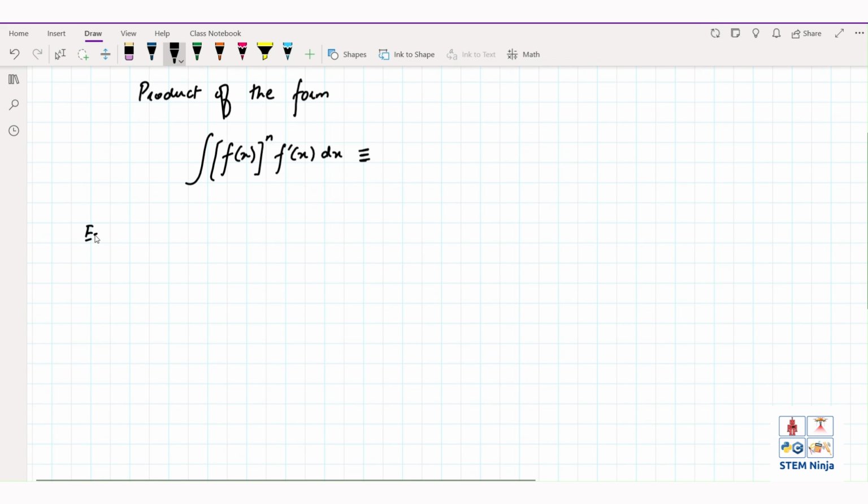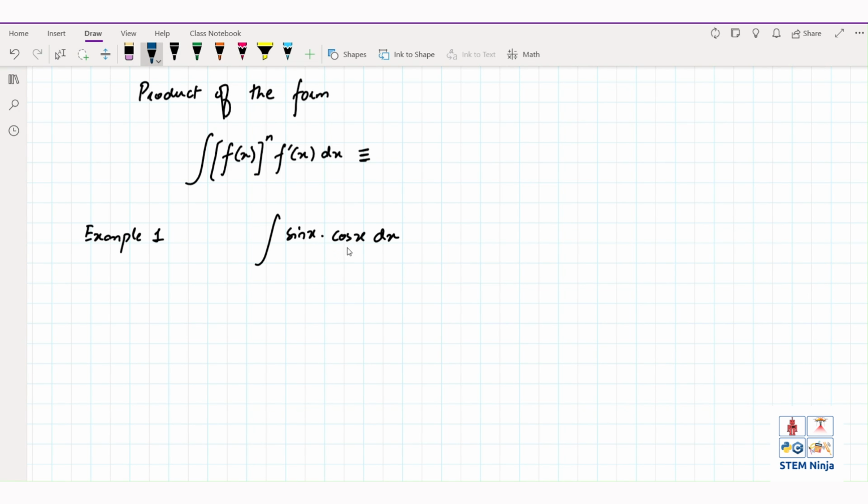So let's see the first example, a very easy one: sine x times cos x dx. If you notice, sine x and cos x are each other's derivative. If you take the derivative of cosine, there's a minus sign involved, but still acceptable over here.